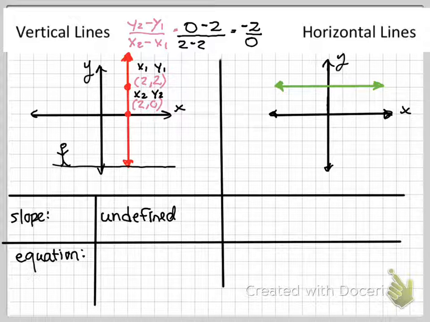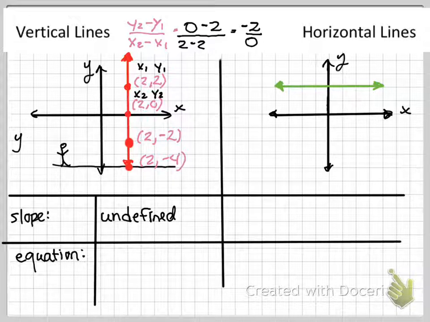Let's think about the equation of a vertical line. Another way to think about this equation is to do what we just did before, which is to pick a bunch of points. So we already have the points (2, 2) and (2, 0). Let's look at this third point here, which looks like (2, -2). And just for fun, let's throw in one more point here, (2, -4).